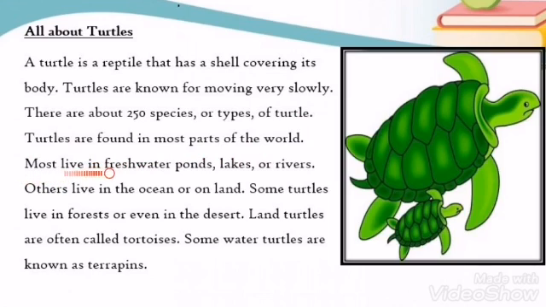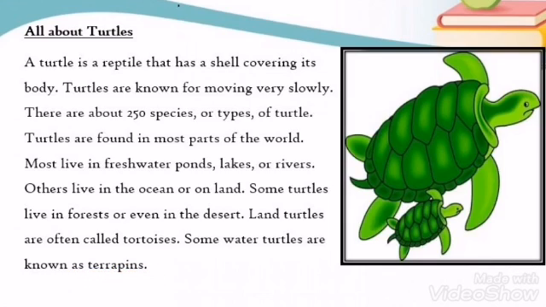Most live in freshwater ponds, lakes, or rivers. Others live in the ocean or on land. Some turtles live in forests or even in the desert. Land turtles are called tortoise, and some water turtles are known as terrapins.